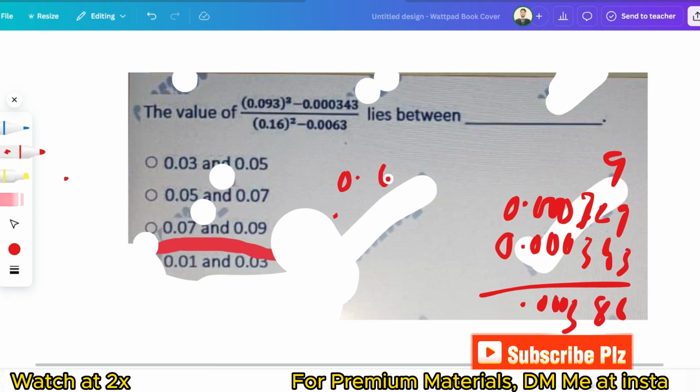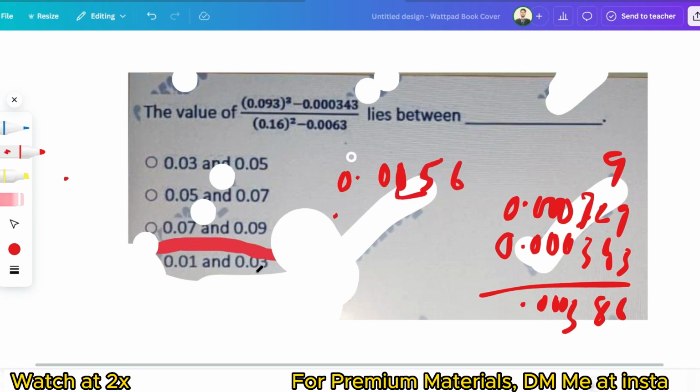So 0.0256 minus 0.0063, so just subtract this, and it becomes 0.0193. Sorry, I think there is some mistake in the subtraction, but it's fine.